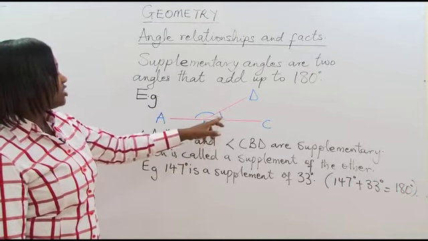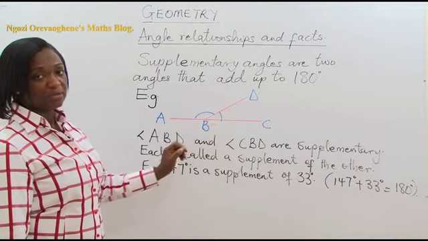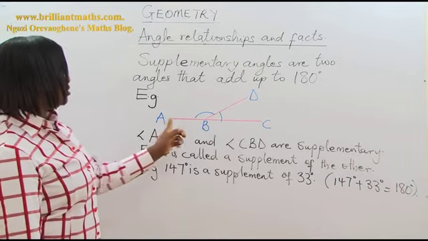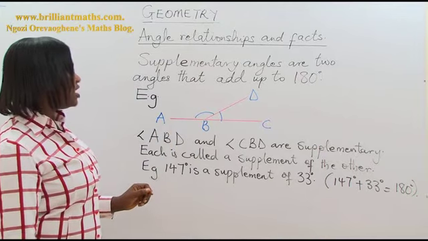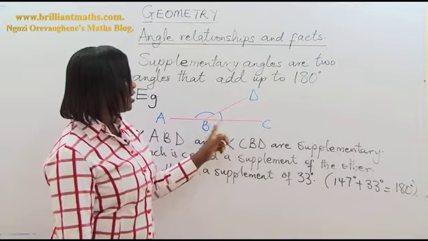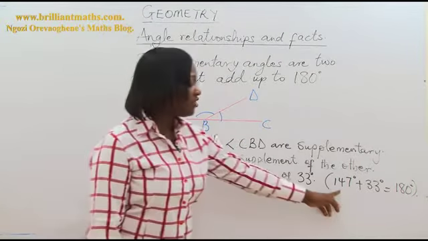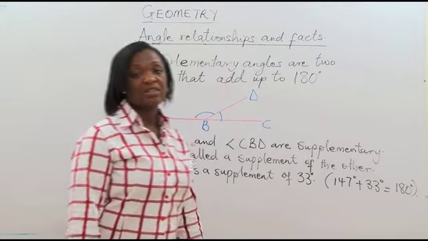We can actually see that the sum of the two angles is a straight angle. So for example, if angle ABD is 147 degrees, the supplement, which is angle CBD, will be 33 degrees because 147 degrees plus 33 degrees is equal to 180 degrees.